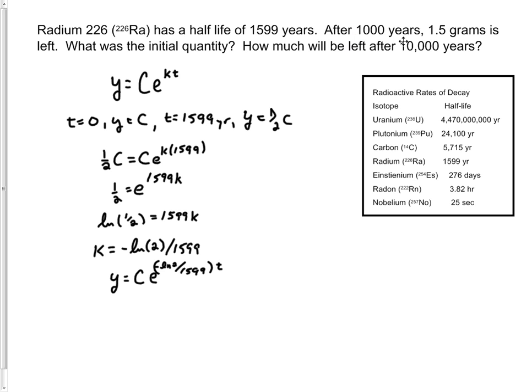Well, after 1,000 years, 1.5 grams is left. Now we're just going to go ahead and solve, right? 1.5 is the amount that we have after 1,000 years. So e to the negative natural log of 2 over 1,599 times 1,000 this time.